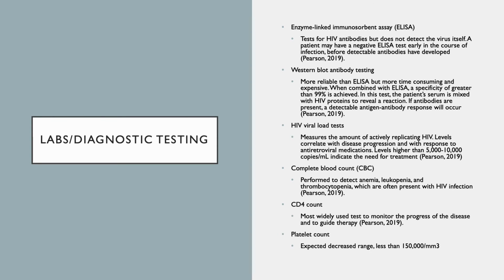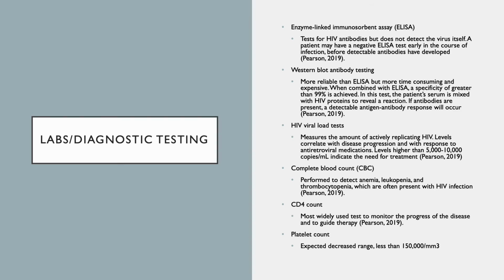This test tests for HIV antibodies but does not detect the virus itself. A patient can be negative for their ELISA test early in the course of infection because detectable antibodies have not developed.